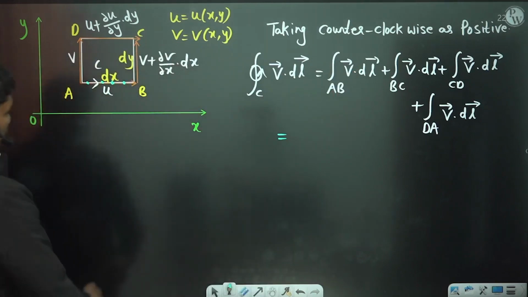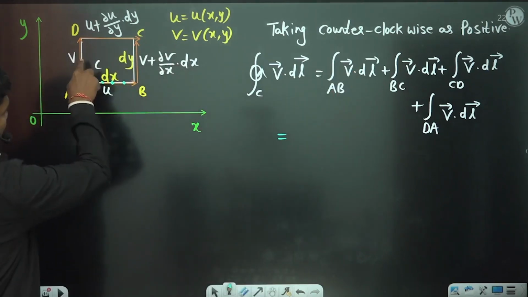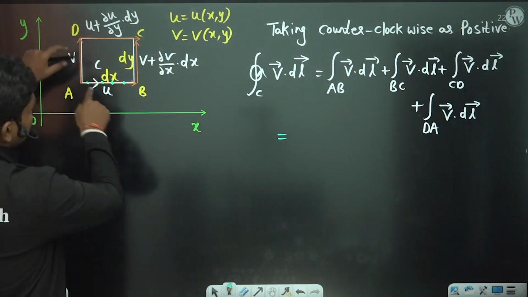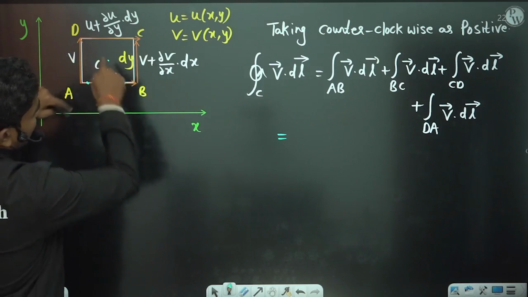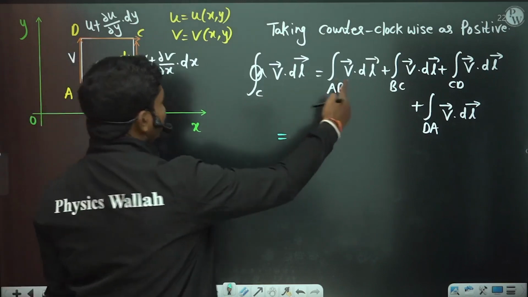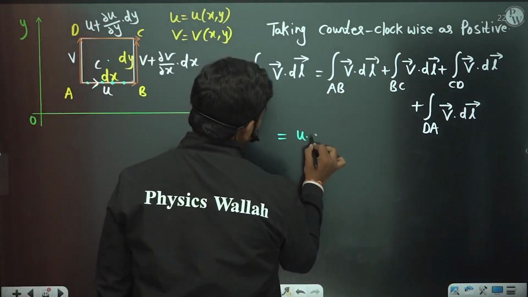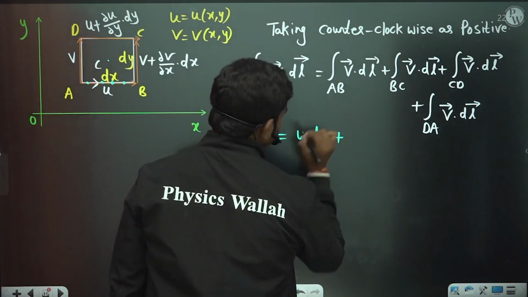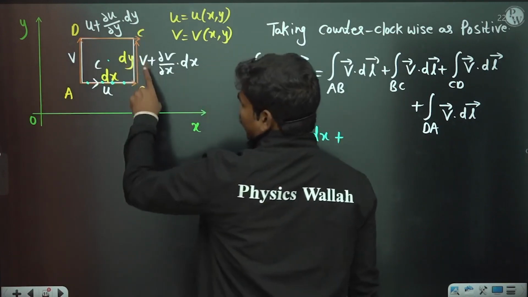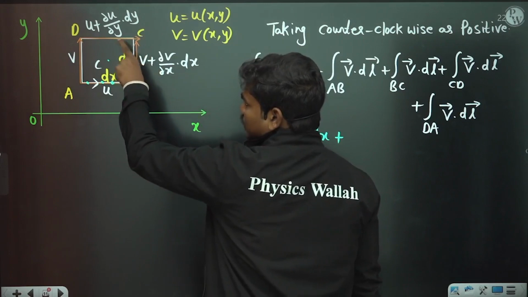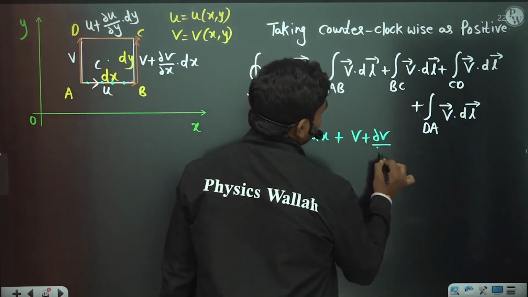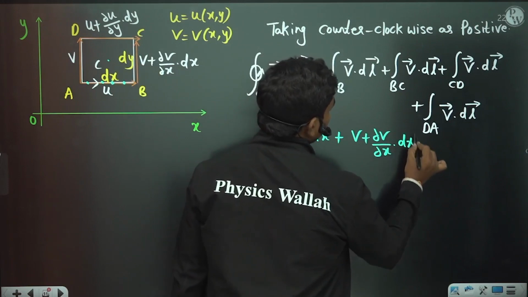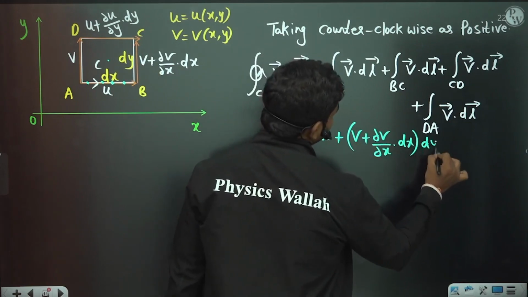Now one more thing, this u is trying to rotate this block in the anti-clockwise direction, so v into dl is nothing but u into dx in this case. Plus on BC this velocity is also trying to rotate this block in the anti-clockwise sense, so v plus dou v by dou x into dx, multiplied by the length dy.